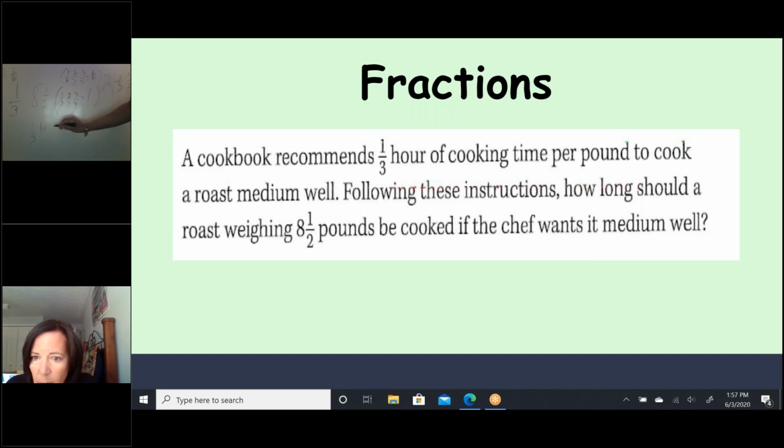So write that equation that would go with 1/2 of 1/3. Good. And what's the operation? Multiplication. Perfect. Now multiply those two things. So what's that going to be? 1/6. Perfect.